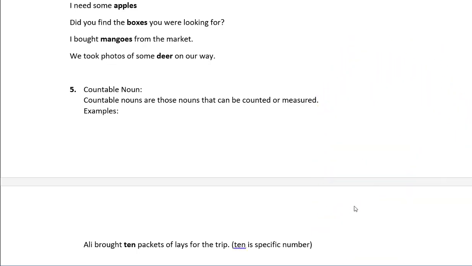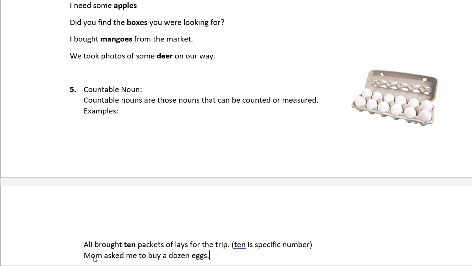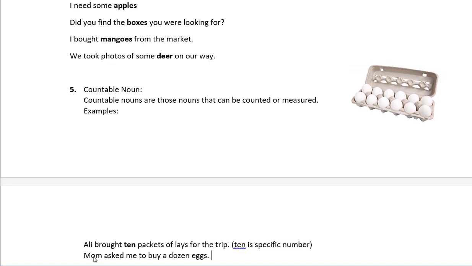Similarly, we can say another example of this countable noun: Mom asked me to buy a dozen eggs. This is what? A dozen eggs.